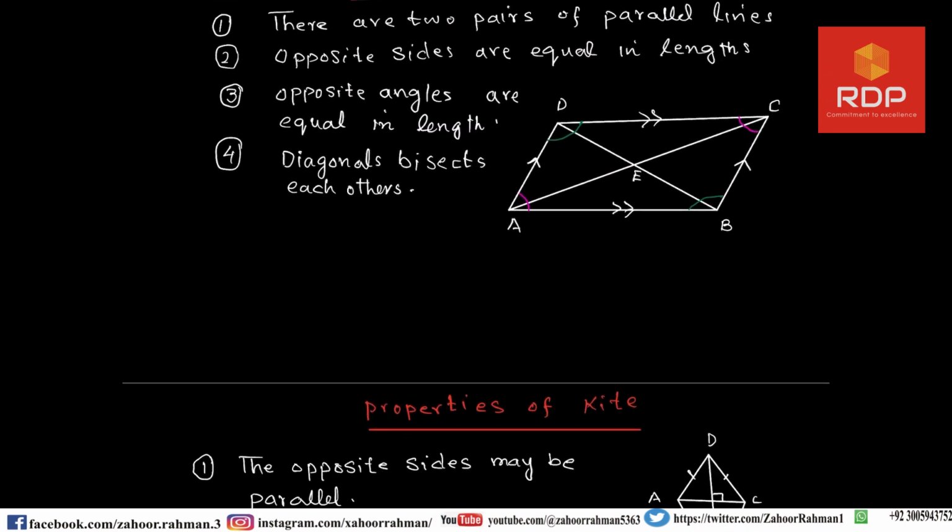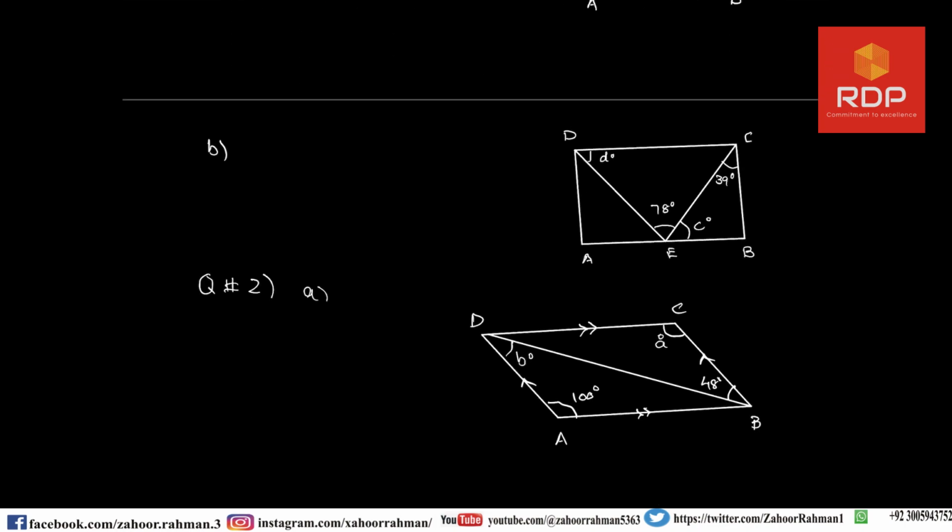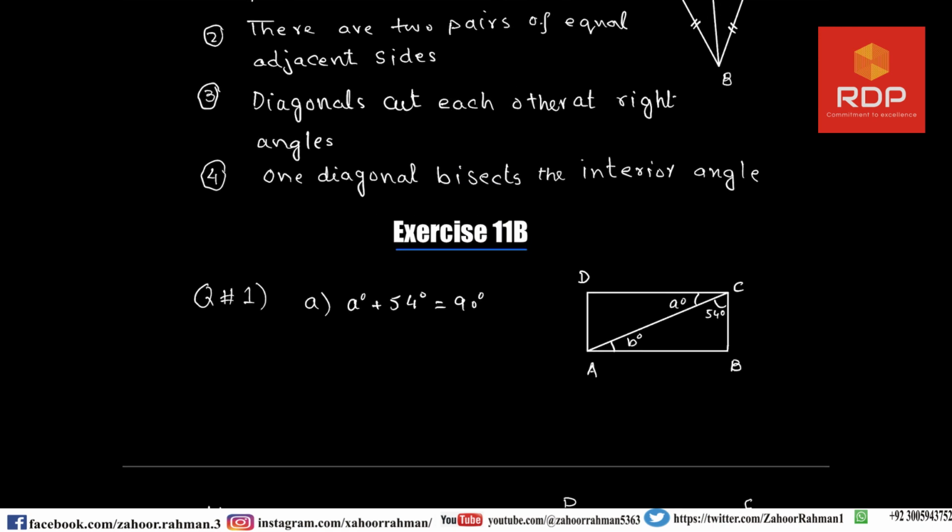So that is why I told you that keeping in mind these properties, we will find the values. So now A degree is equal to 90 degree minus 54 degree, and if we subtract, we will get 36 degree.